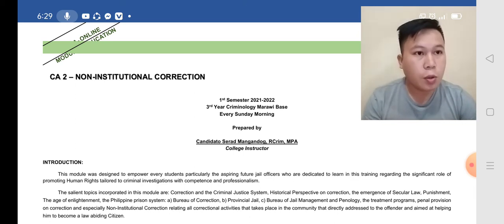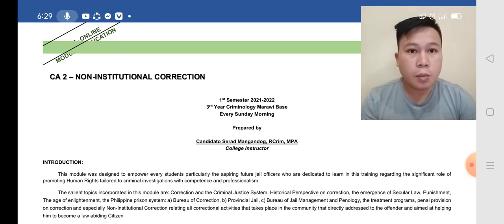As we all know, in the board examination, correctional administration is part of the six major subjects in the criminology board examination, and the percentage in the exam is 10%. So you have to study more about correctional administration because it has 10% in the board exam.